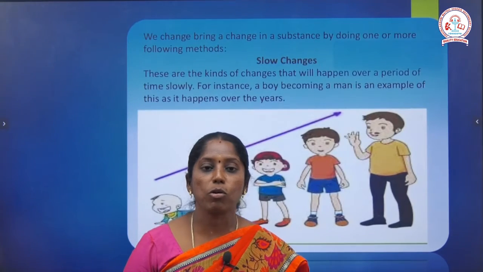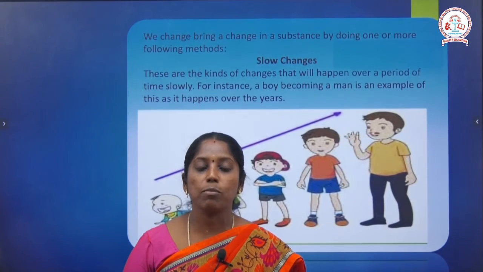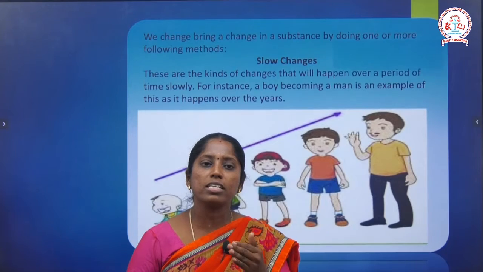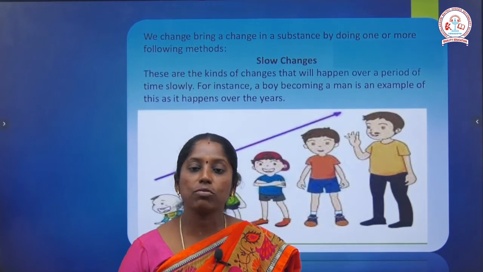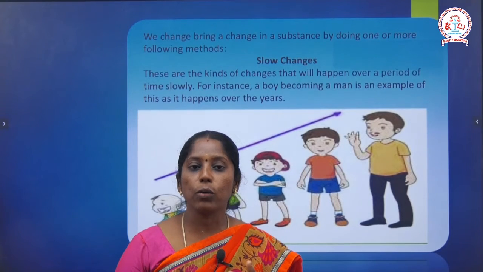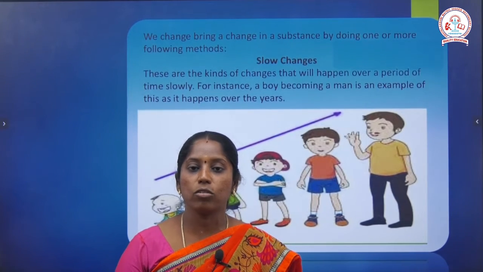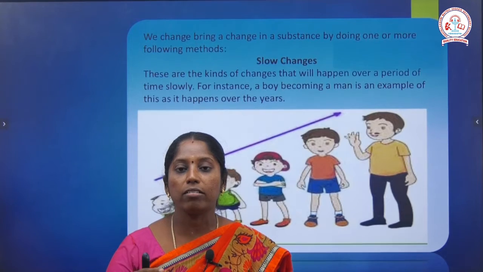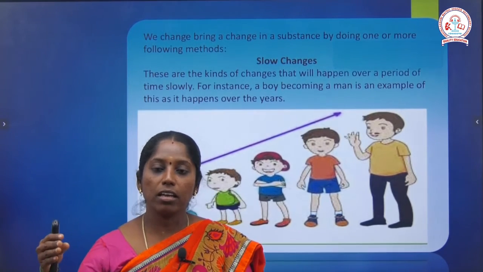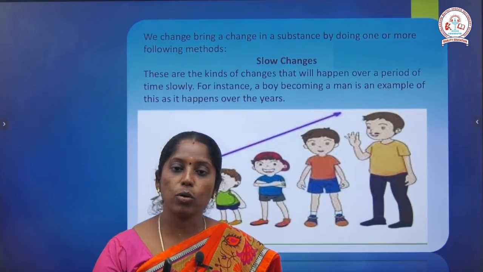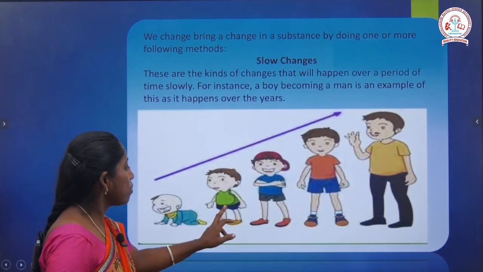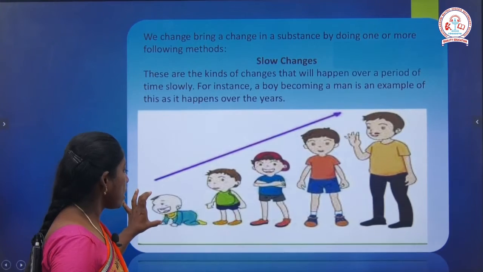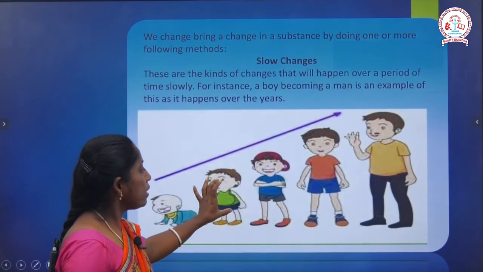Next we are going to see slow changes. What are slow changes? They are changes that take place slowly. A boy grows up: a small kid grows into a boy, then finally into an adult, a man. Slow changes occur in that. See that in the figure: a small child, then a boy, then a little bit bigger, then a man.